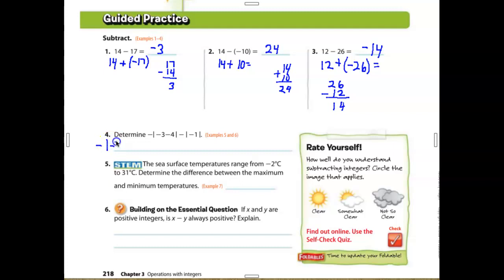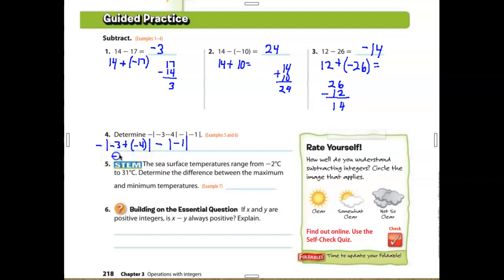So it's going to be negative 3 plus, what is the opposite of 4? Very good, negative 4. Okay, and then it's going to be minus the absolute value of negative 1.